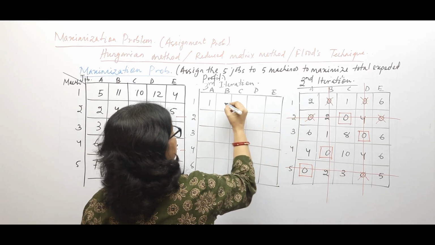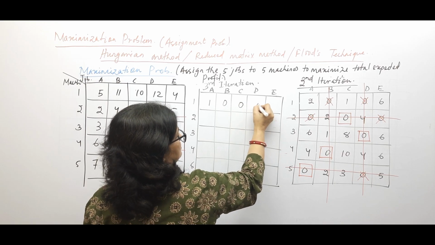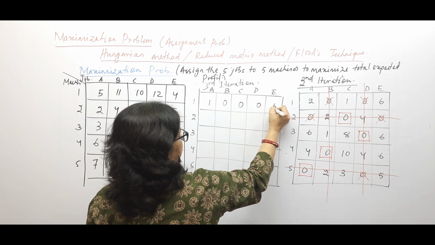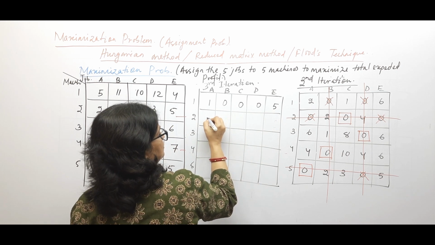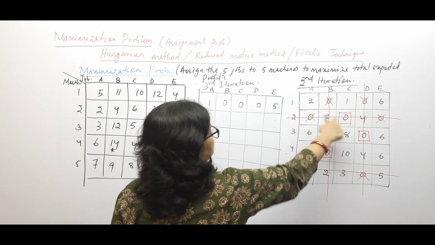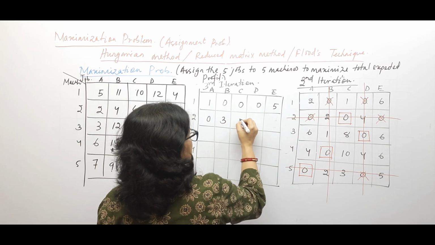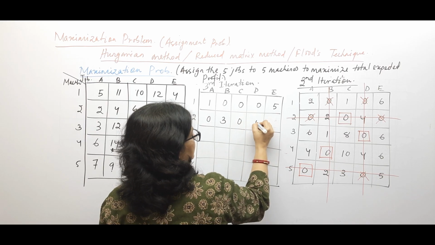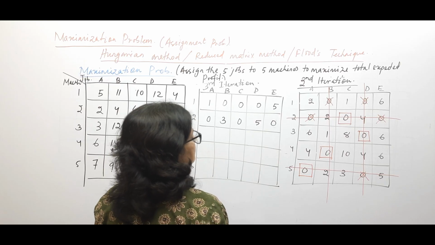Then there will be no change here. This is 0. This one 0. This is 5. Again this is 0. As this is the intersection of the lines, we can add here. Then 0. Then 5. Intersection is there. Then 0. Then what we need to do?